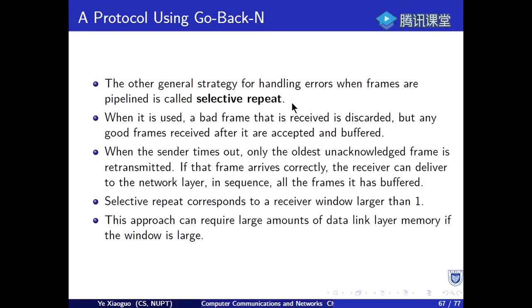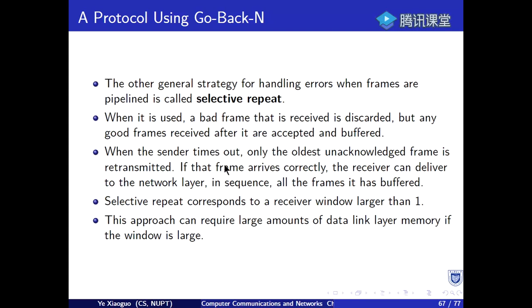But the selective repeat version, the improved go back n protocol, says a bad frame received is discarded, but any good frames received after it are accepted and buffered.